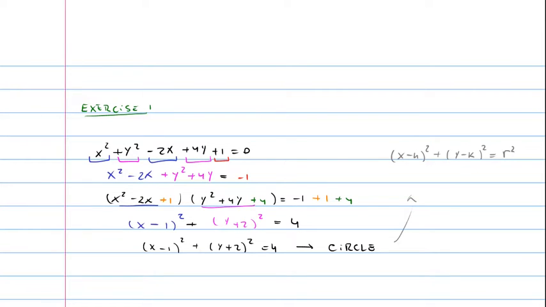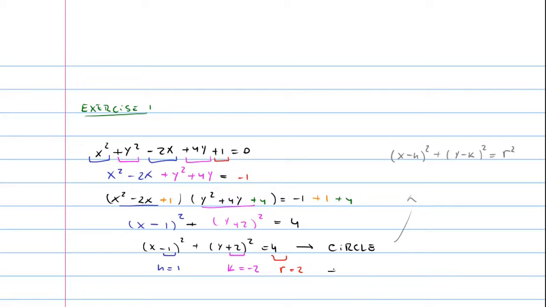So now from the expression we have, we can say that h equals 1, that k is equal to minus 2, and that r equals 2.